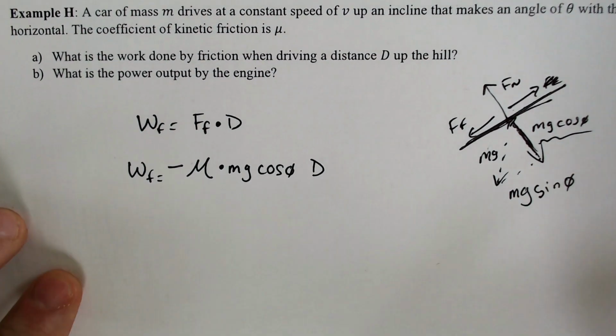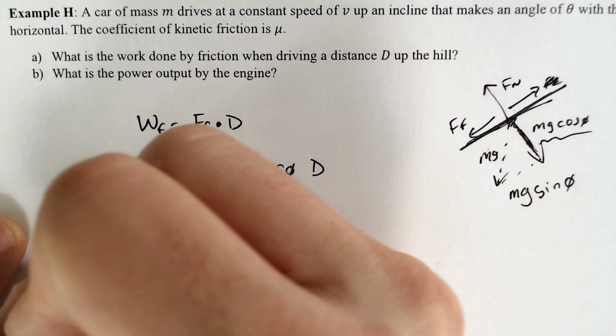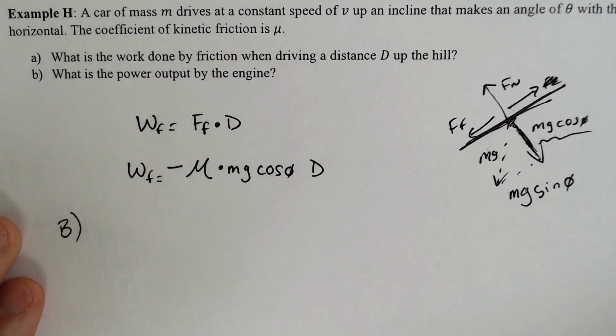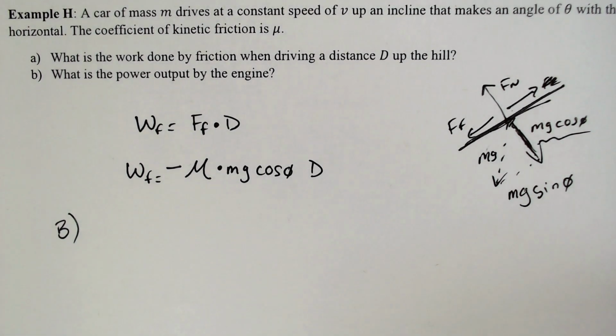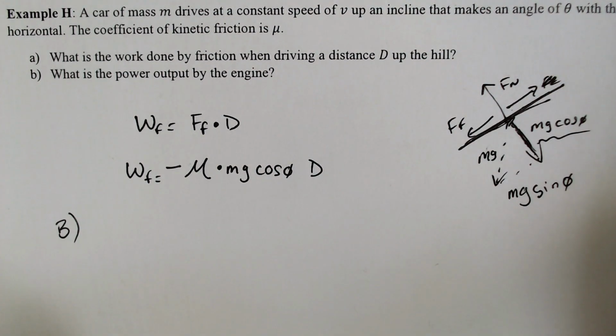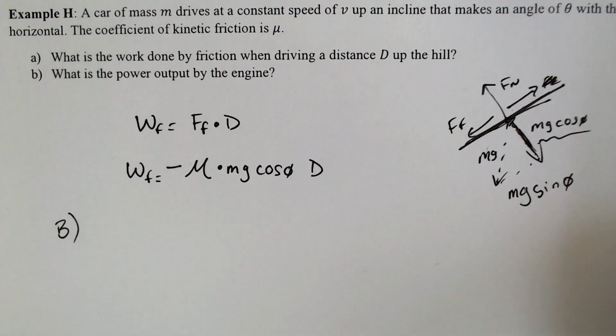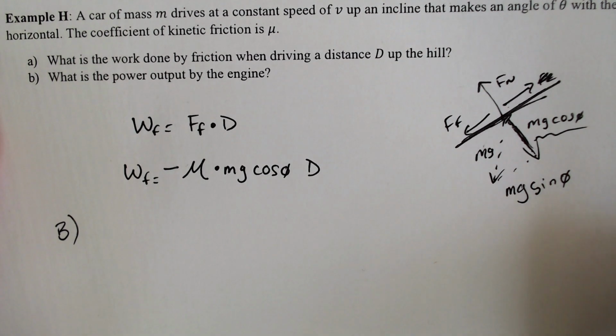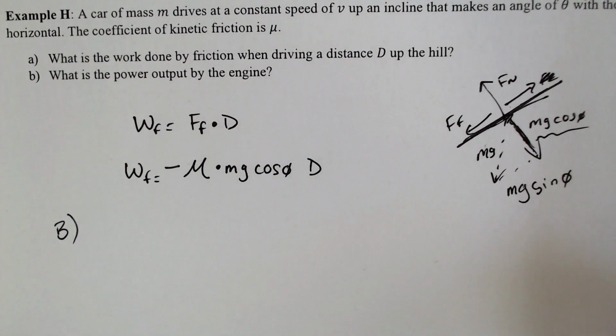Now, part B. What is the power output of the engine? Well, the engine is propelling us forward. You have a few different options for doing this. You could use work divided by time, but I would recommend that you just use the formula that talks about velocity because it's a little bit quicker and easier to deal with.